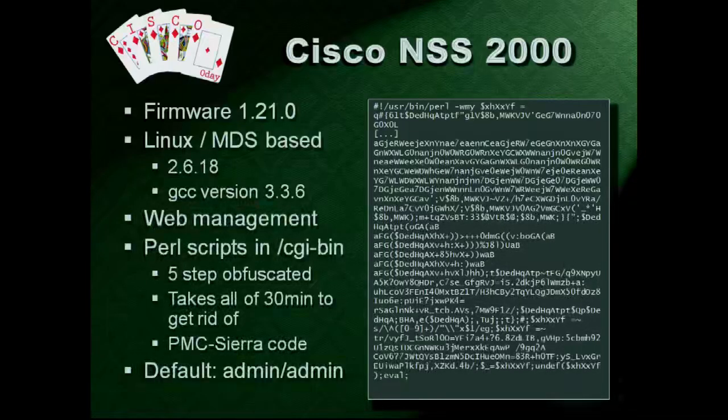So I randomly grabbed the image for a NSS 2000, which is a SAN, network attached storage device from Cisco. Firmware, recent, it's again a Linux. It has web management. You look in CGI bin, you actually find obfuscated Perl scripts. I'm old enough to remember when we stopped doing that.